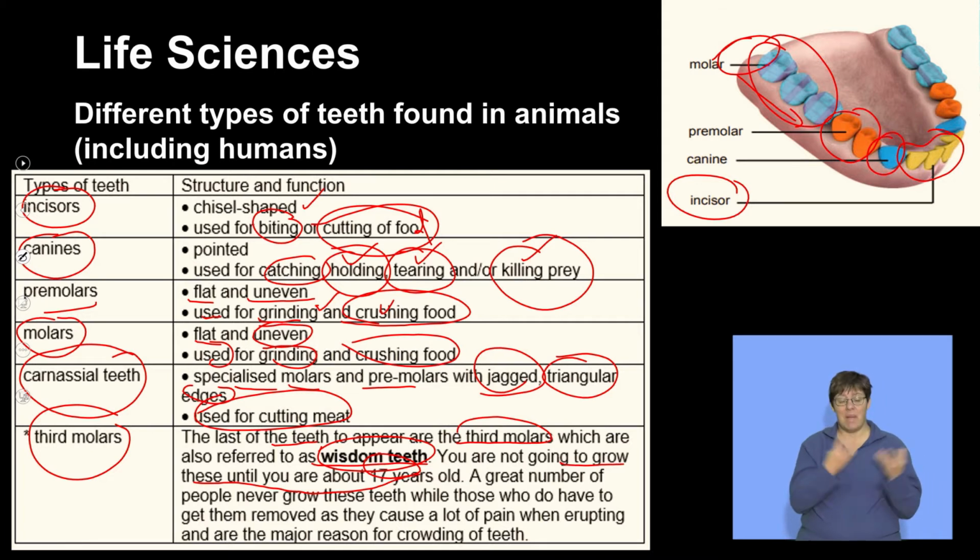A great number of us never experience the discomfort of having these grow. They are often removed because as they grow, they tend to impact the other molars, causing lots of discomfort, and the reason is the overcrowding of the teeth at the back of the jaw.